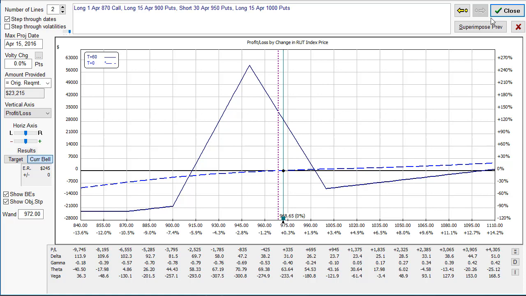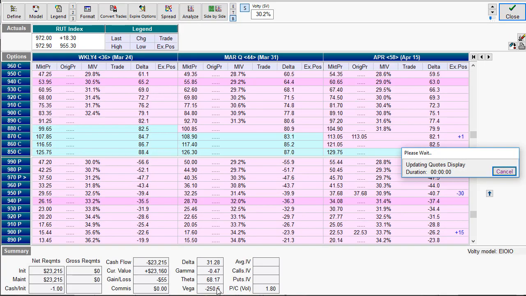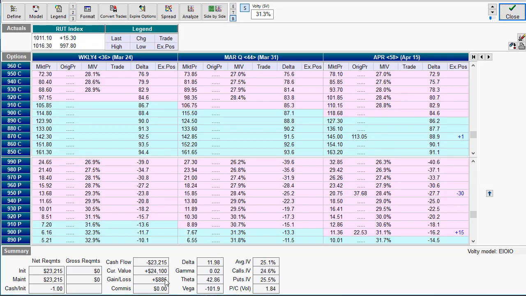We'll step through a couple of days in time here. We've had a big up move day. We'll probably get a big deflation in volatility, and there you go. If this is the situation you find yourself in, you are $885 profit on $23,000 worth of margin.